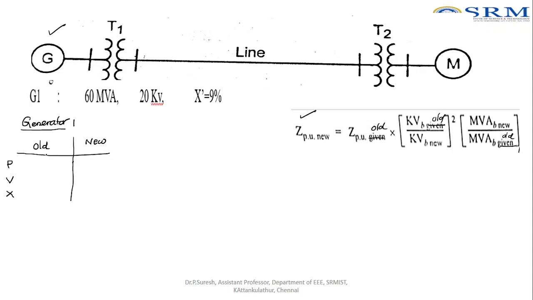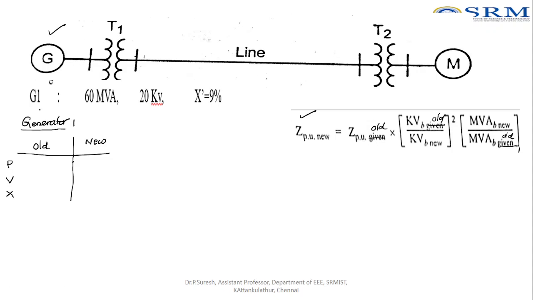For this problem, old values are nothing but the values given in the problem. And the new values are what you are asked to consider: what power you are asked to consider, what voltage you are asked to consider. So those are called new values, correct?